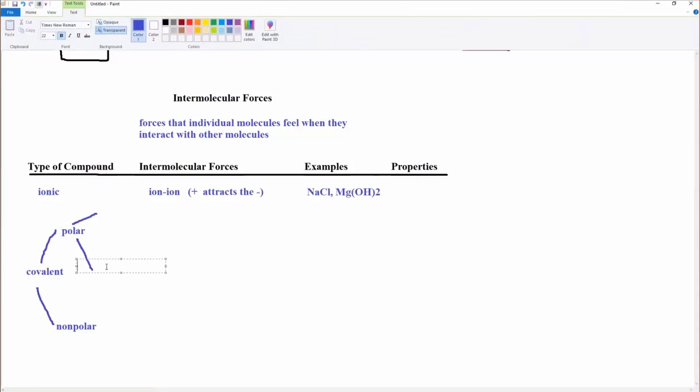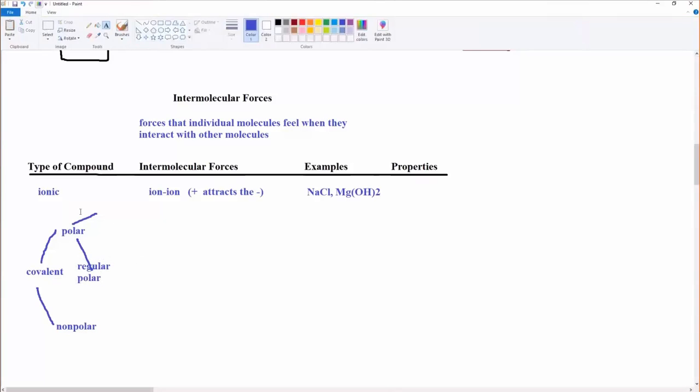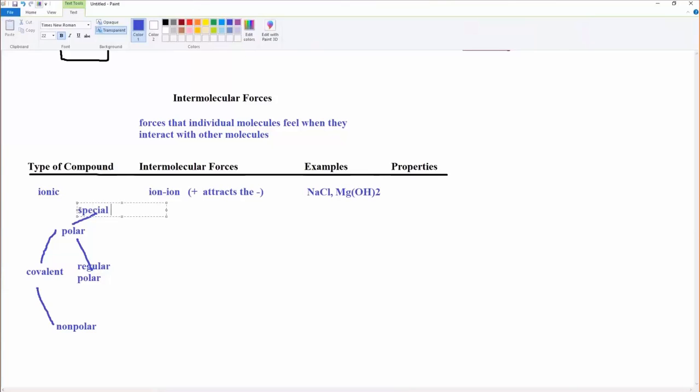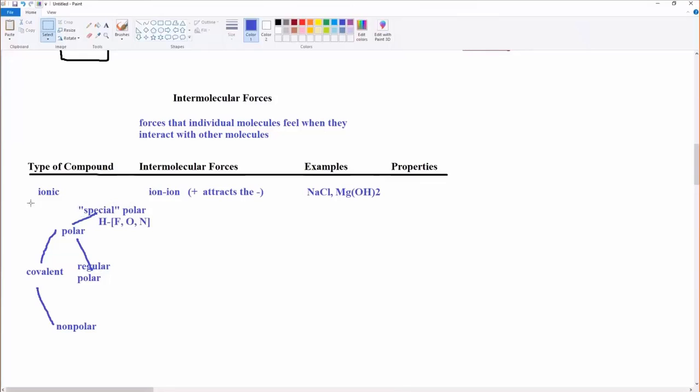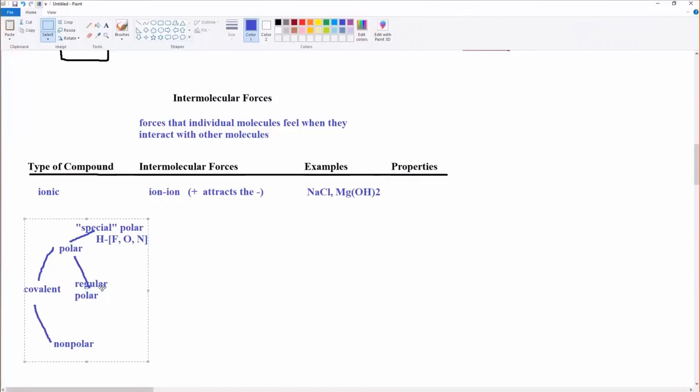We have regular polar and special polar. Special polar happens when you have hydrogen attached directly to an F, an O, or an N specifically. Put this in quotes, special. It gets its own special category because it's really strong as compared to regular.